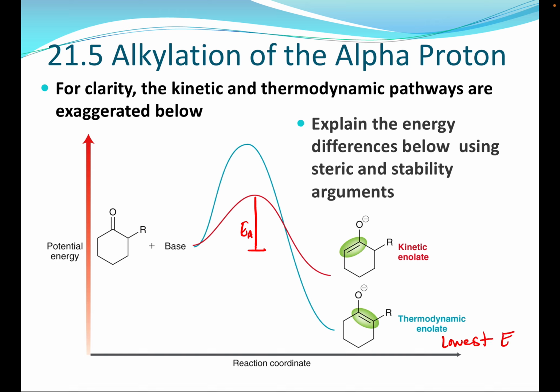Sometimes the kinetically favored and the thermodynamically favored products are the same. In this case, they aren't. And if you need to review that, we did that back in Organic Chemistry 1, so look in some of our earlier chapters. I believe that's covered in Chapter 6 specifically within our Klein textbook.